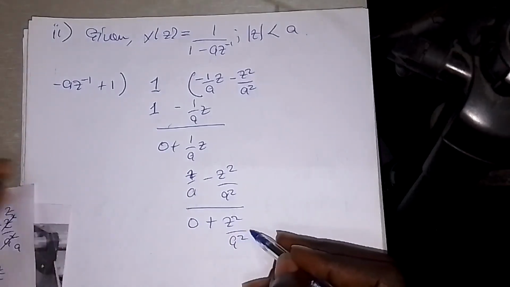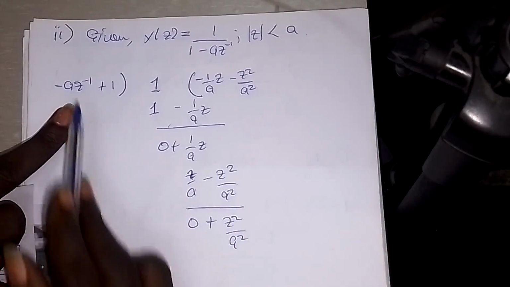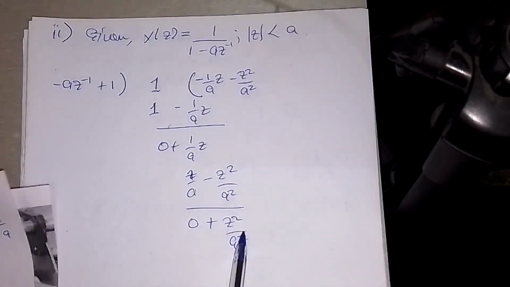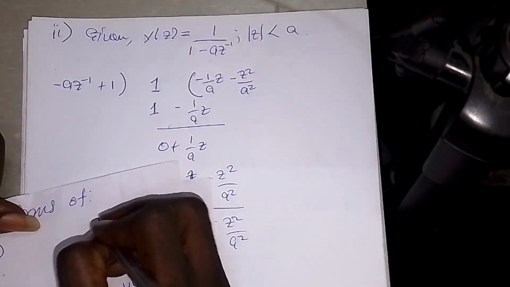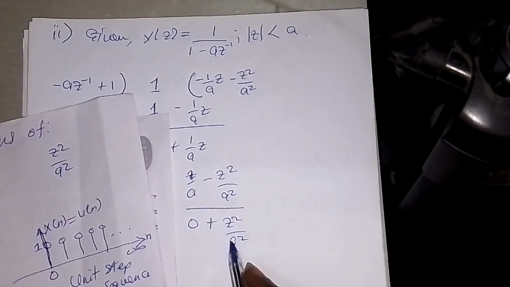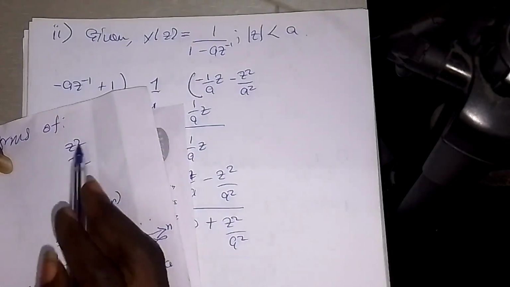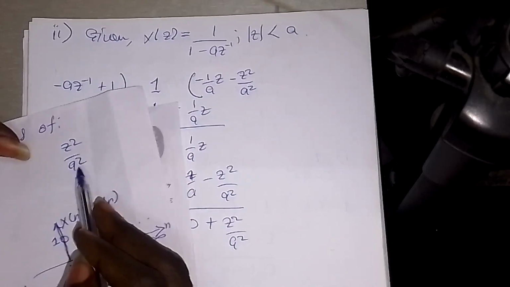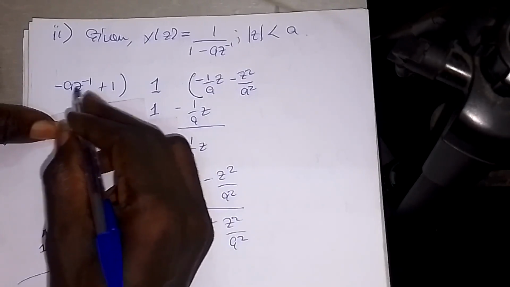Okay, so now this one, how many times can it go here? Okay, it can go here. If I know that one, then I should have what? Z squared over A squared, divided by this one.